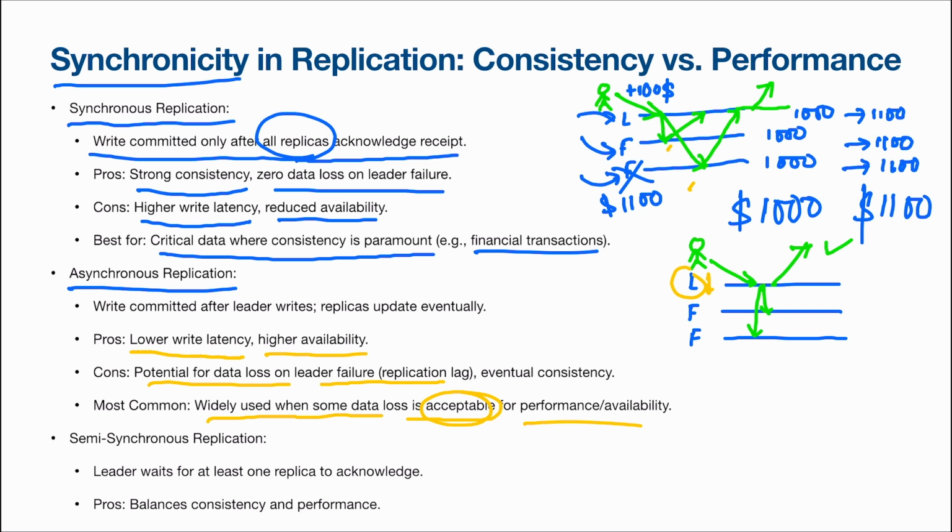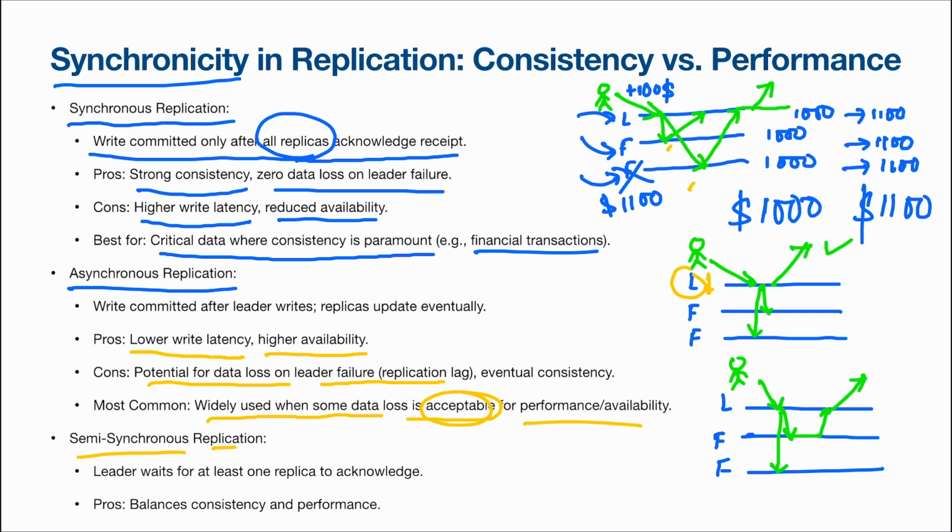And then there is semi-synchronous replication, where, as you can imagine, it's a mix of both. We have a leader, 2 followers in this example, and a client which sends the write request to the leader, and the leader takes care of replicating the request, but the leader, let's say, waits for only 1 follower to respond back.